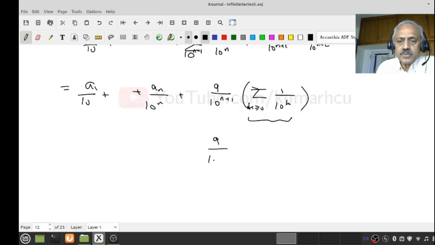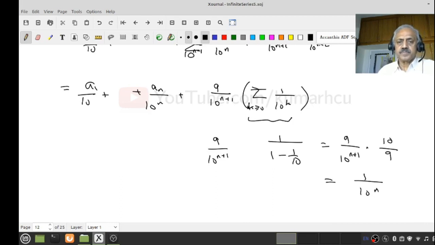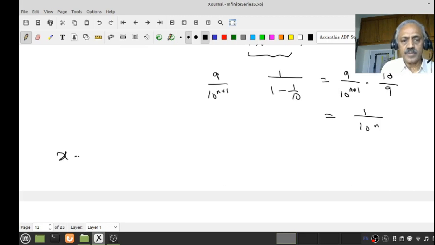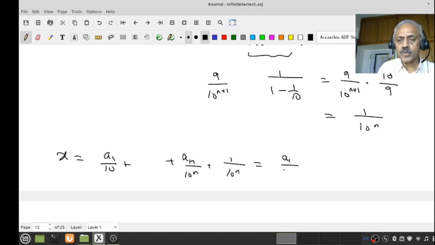I know it converges to 1/(1 - 1/10). Therefore the whole thing is 9/10 to the power n+1 times 10/9, that is 1/10 to the power n. You accept it? Therefore, what do I have? I have x equal to a_1/10 plus up to a_n/10 plus 1/10 to the power n, which is the same as saying a_1/10 plus up to a_{n-1}/10 plus (a_n + 1)/10 to the power n.